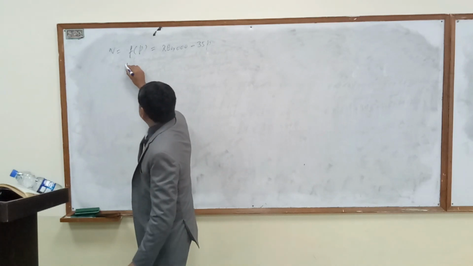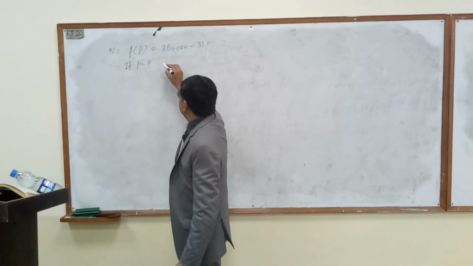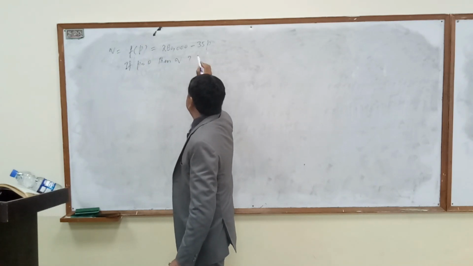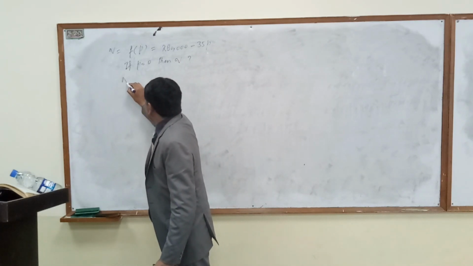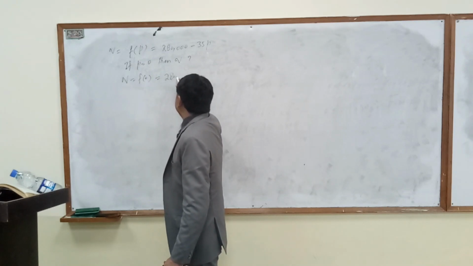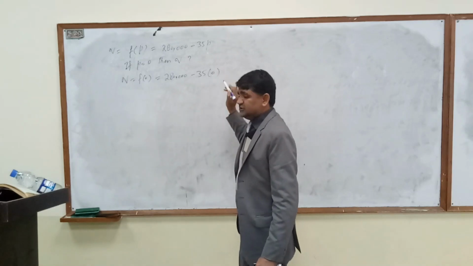So if price is 0, then we can find quantity demand. Is it clear? So Q is equal to f of 0 is equal to 280,000 minus 35 into 0.